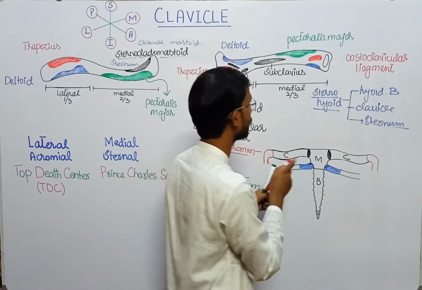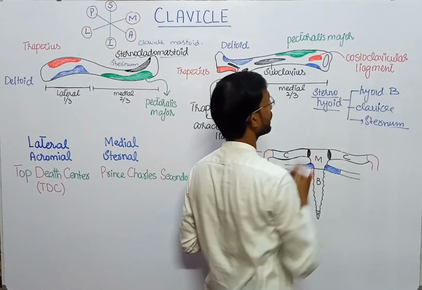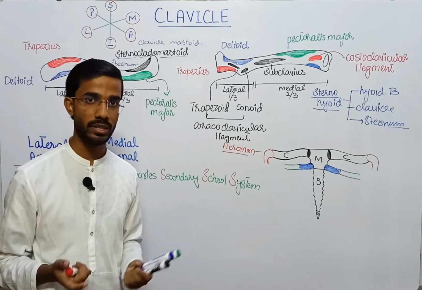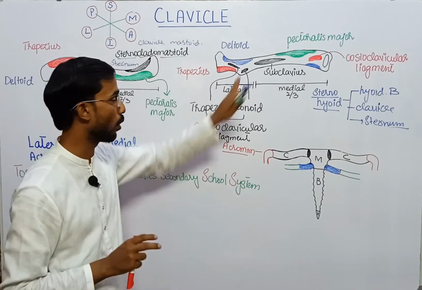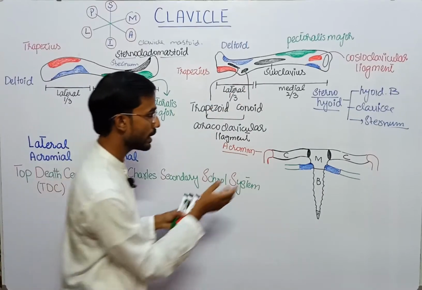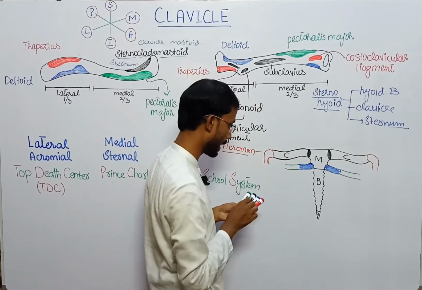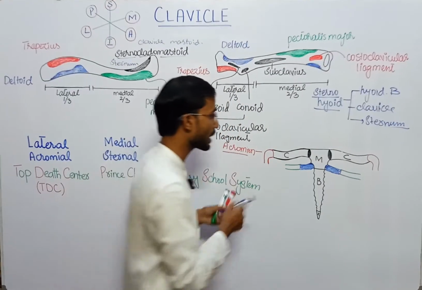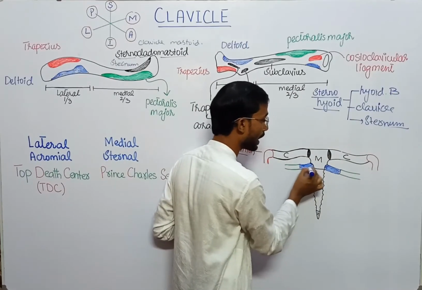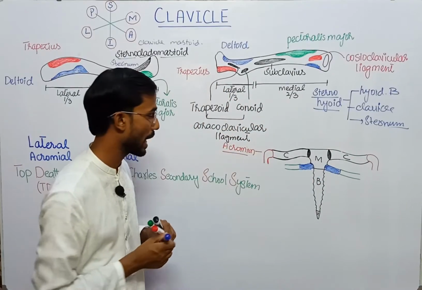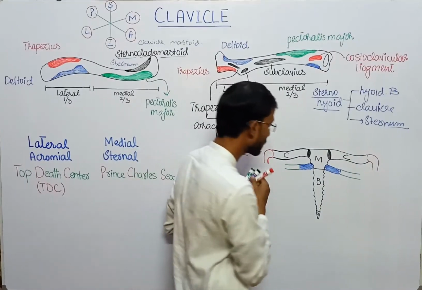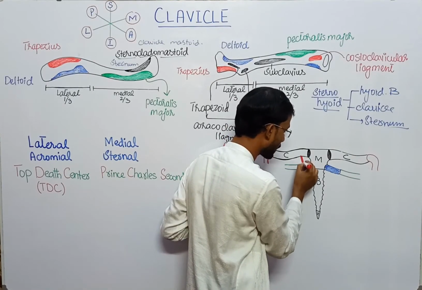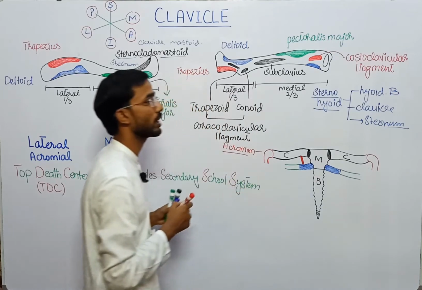And here you can see, shown in red, the costoclavicular ligament. Costo means costal cartilage and clavicle means bone. Here you can see that ribs are not directly attached to the sternum. They first attach to the costal cartilage and then attach to the sternum. The ligament present between the costal cartilage and the clavicle is the costoclavicular ligament.